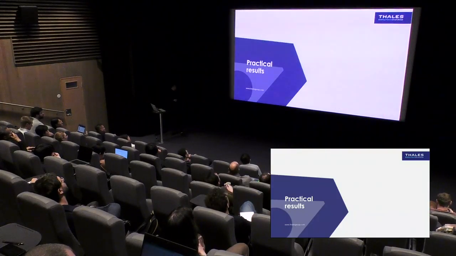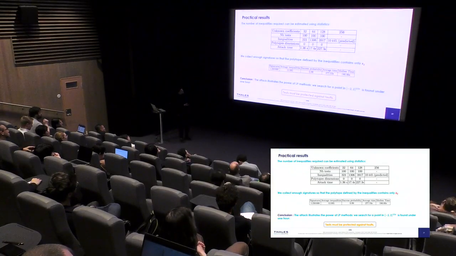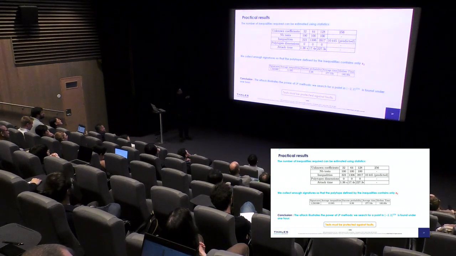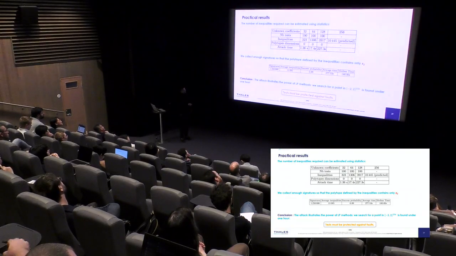So in practice, this is exactly what we have done. We estimated, using statistics for a large number of keys, how many inequations we have to collect for S2 to be the only solution. And we stated that around 11,000 inequations should be enough for S2 to be the only solution. So we tested our attack methodology for 100 keys of Dilithium.